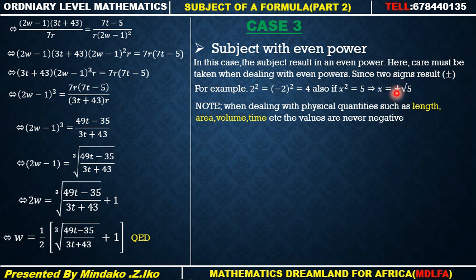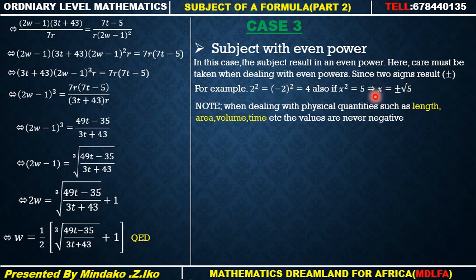Note that in mathematics, if I write 5, it actually means positive 5. I must not include the positive sign. If I just write 1, it means positive 1. Like this x here, it means positive x. But if there was a minus here, it means minus x.